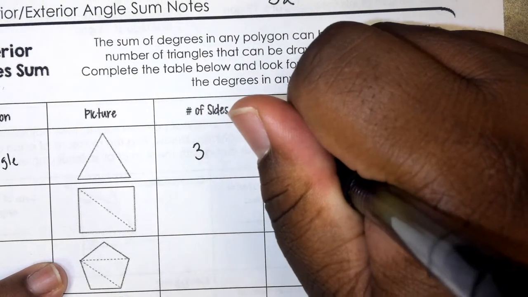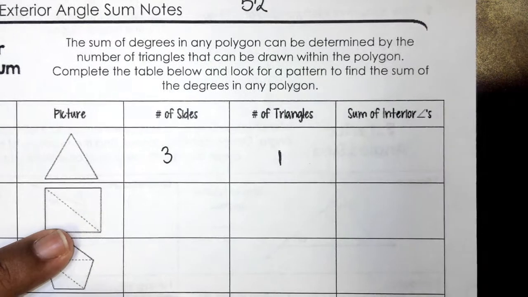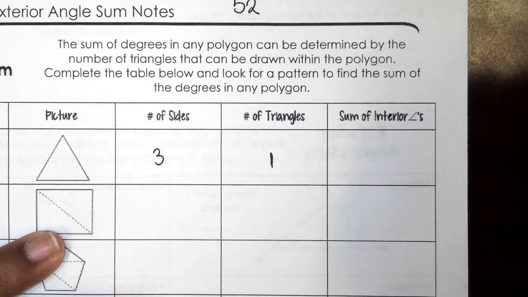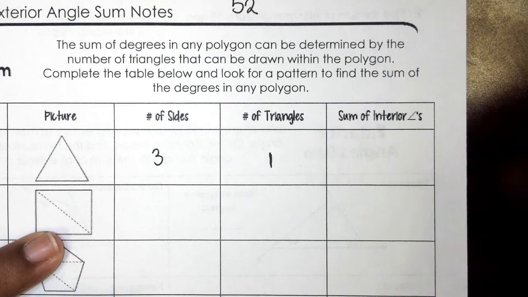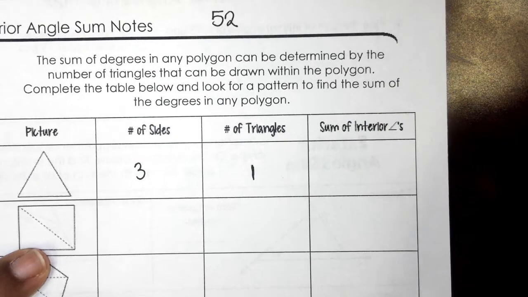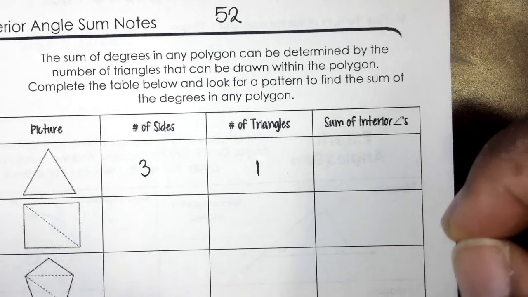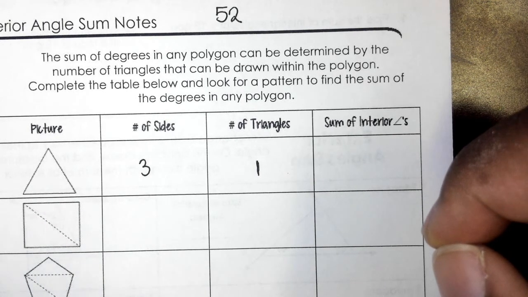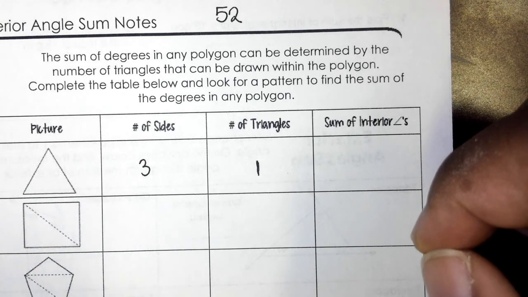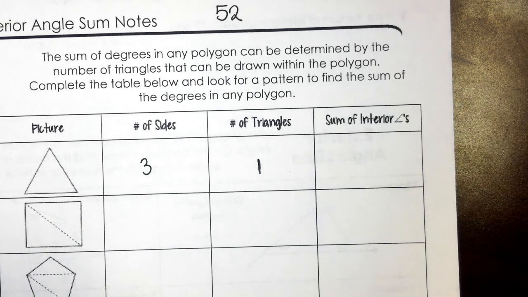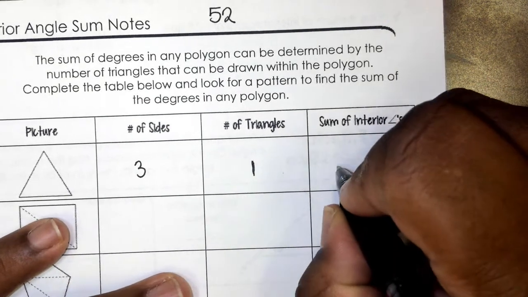It's just a triangle. And it says the sum of the interior angles. What's the sum of the interior angles of a triangle? This ain't a trick question. What'd you say? Yeah, 180 degrees.